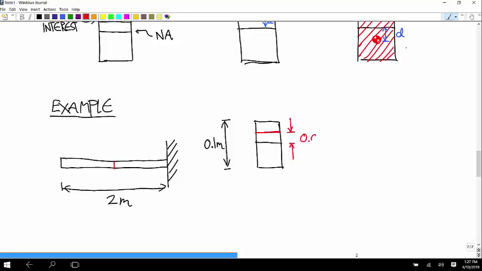So this is 0.025 meters, and this is the line of interest. And the thing that's causing this stress is just going to be the weight. We'll say the mass is 100 kilograms. Yes, we do need that. 0.02.